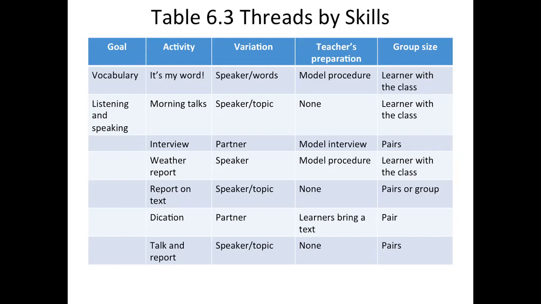There are different types of dictation. You may have a partner, but you may also have a small group if you have what we call running dictation. A small group of students, maybe 4 or 5, will be in a group, and one will read some text outside of the classroom and then come back to the group and whisper it to the group members, and the other group members will write the sentence that they just heard.